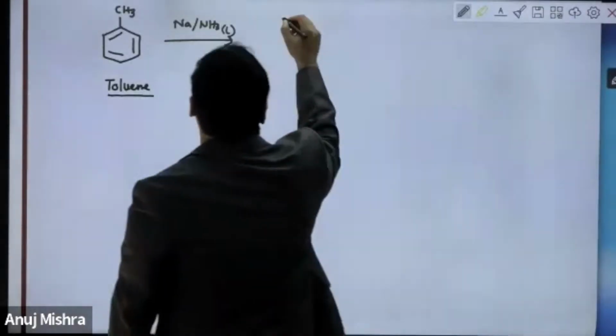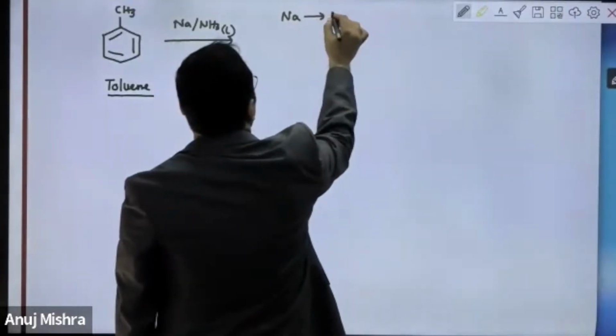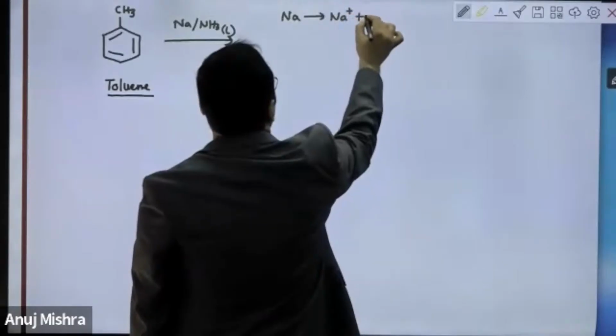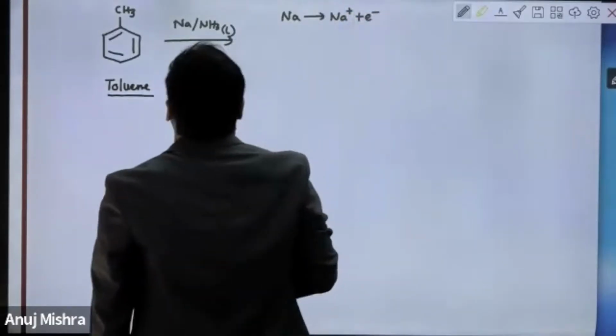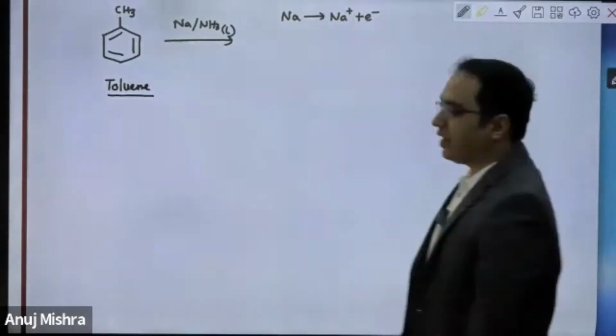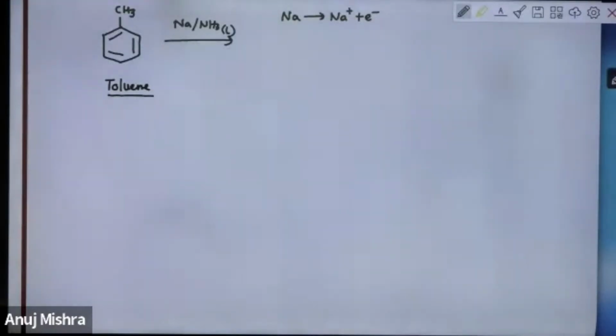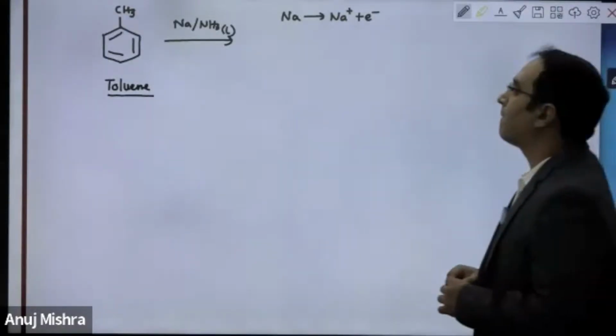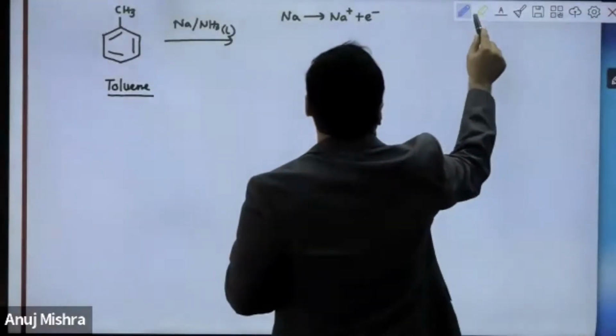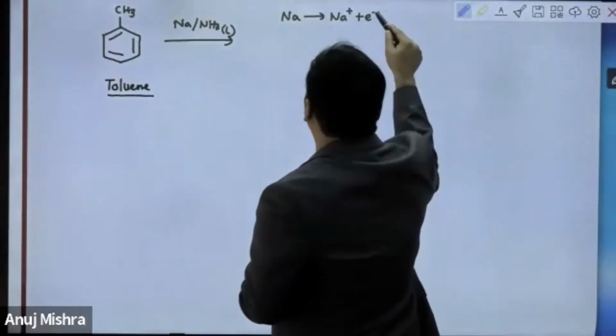So first step would be Na becomes Na plus electron. Now you have to see where electron will go and attack. किस जगह पे electron जाके attack करेगा? So option number 1, I'm not sure whether it is right or wrong.